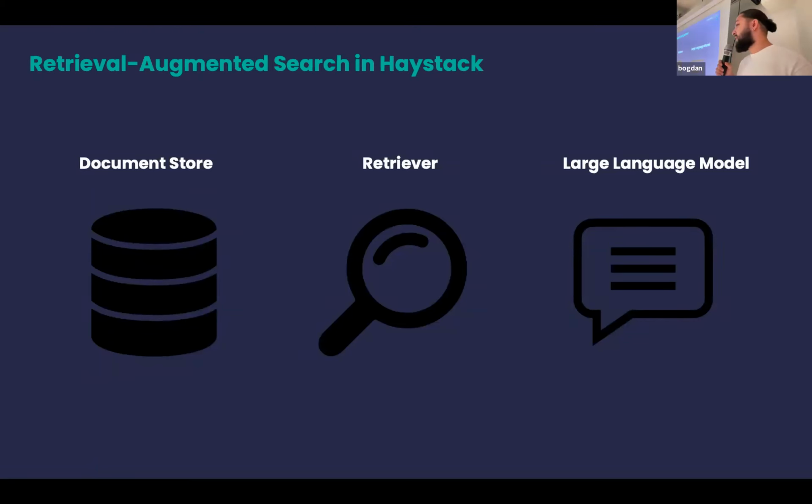One of them is a database, a document store that consists of all the information that you want to know stuff about. Then you need a retriever. This is the retrieval part of the RAG acronym. It allows you to retrieve, out of your huge collection of text in the database, a minimal subset of relevant documents. These relevant documents are then fed into the large language model to generate a coherent answer.